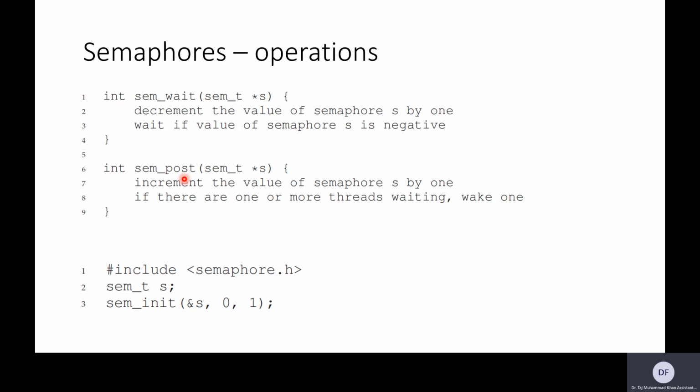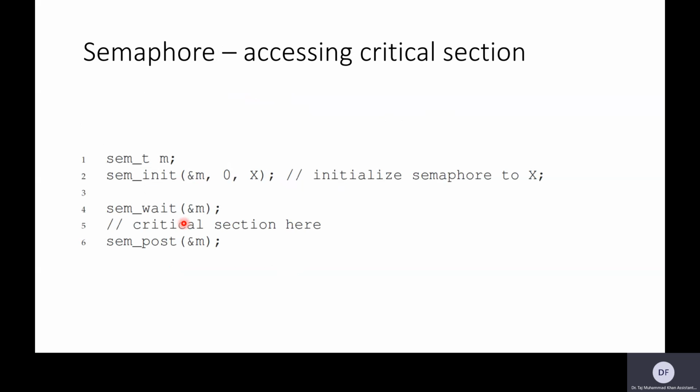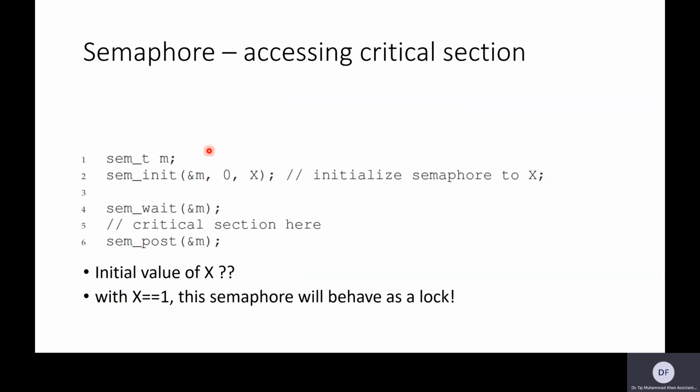The second thread which had blocked in sem_wait will wake and return from sem_wait, and it will ultimately access the critical section. So in this way, I hope it's clear that if we initialize a semaphore to 1, then that semaphore gives us the behavior of a lock. Okay. So this is how semaphores can be used to imitate the behavior of locks.